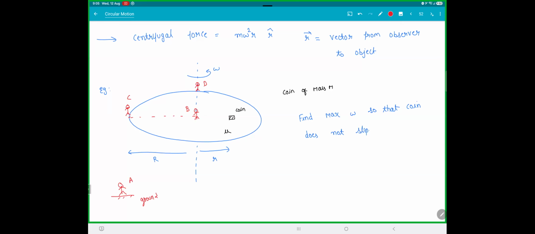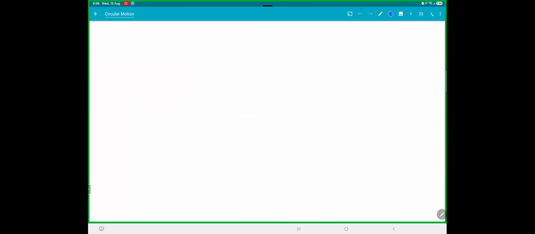So we'll ask these 4 people to solve the problem. Officially we should get the same answer, but let's see what they will draw. Is the question clear? The coin is on a disk at a distance of small r and this thing is rotating. And we are asking all 4 of these people to solve the problem, find max omega so that it doesn't slip. So first let's ask A to solve the problem.